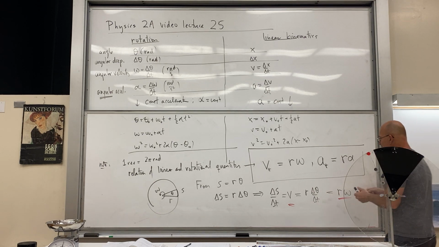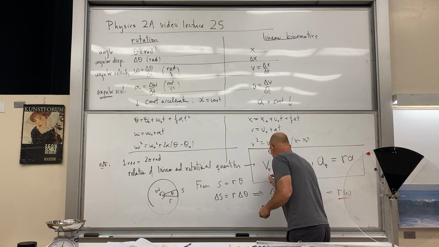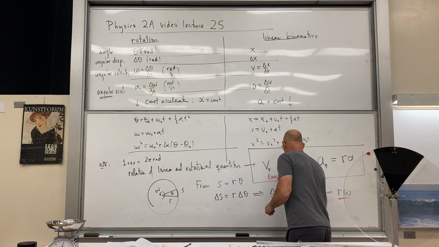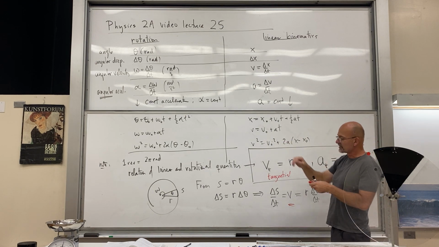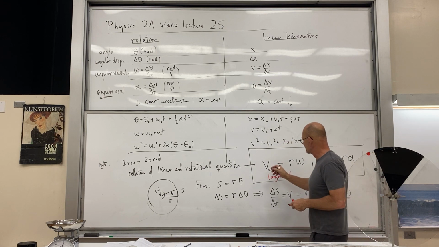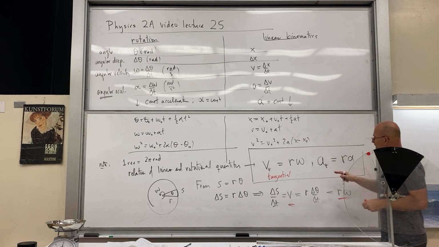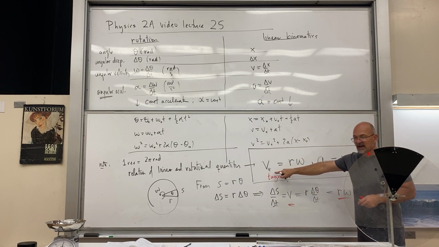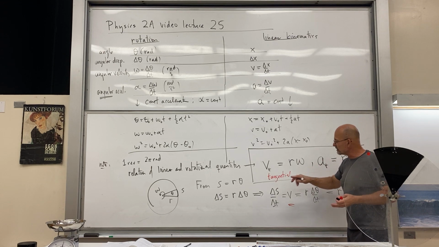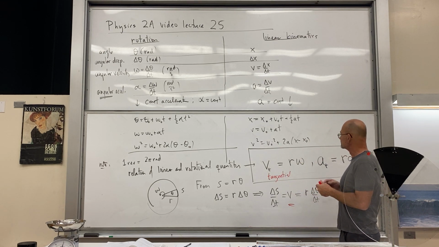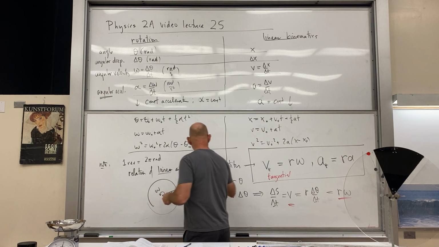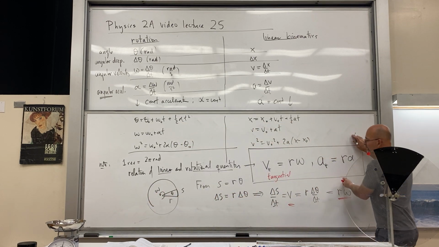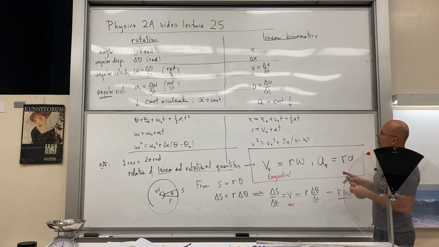Good, so the T refers to tangential. And these two formulas are added to this list, say on the left side actually. So very important formulas that relate rotational motion and linear motion. Relation of linear and rotational quantities, right here once again. So yeah, this is very important. Add it to that list.